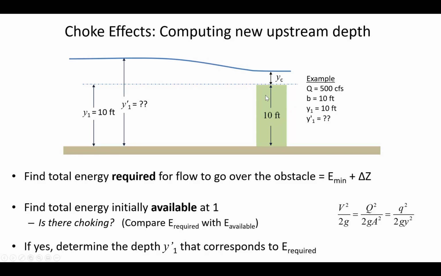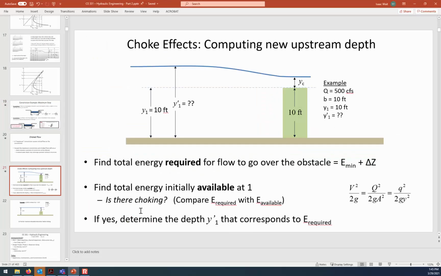Maybe the flow can get over an 8-foot obstruction. So the way that you know is you compare the required energy to how much is available. And then if choking will occur, then you'll find out the new depth that corresponds to the required energy by adding in the delta Z. Okay, so let me show you these calculations.